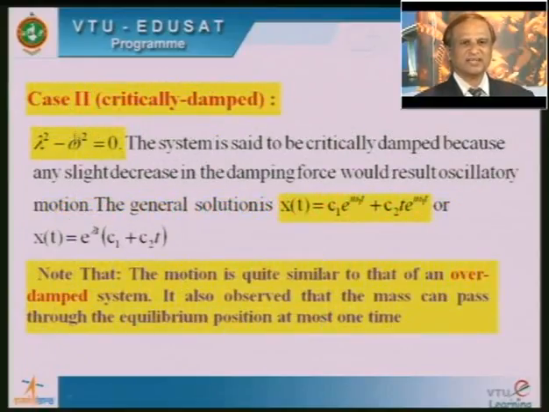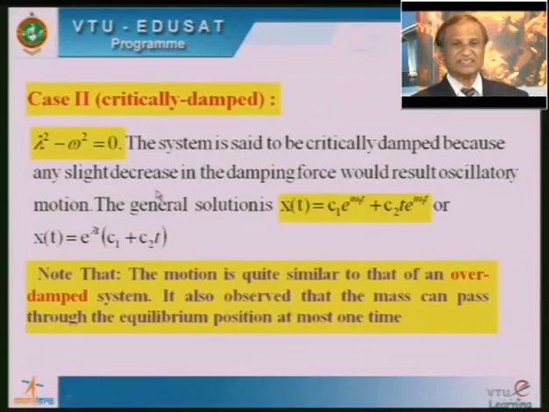Okay. Exactly in the similar way, now we are going to interpret what we mean by critically damped. So again we want to calculate the value of lambda square minus omega square. Suppose it is equal to 0; the system is said to be critically damped because any slight decrease in the damping force would result in oscillatory motion.